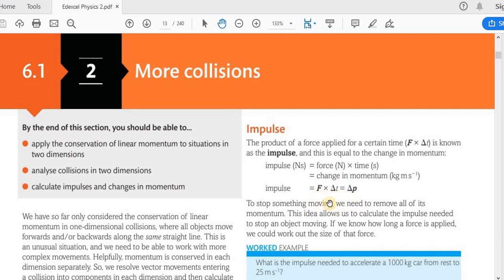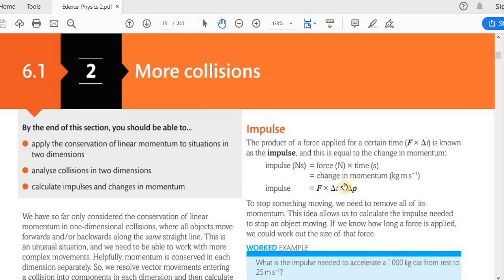If you rearrange the equation for Newton's second law, F is equal to change in momentum over time. The resultant force is equal to change in momentum over time. Now, F equals ma, and acceleration you can write as (v minus u) over t.